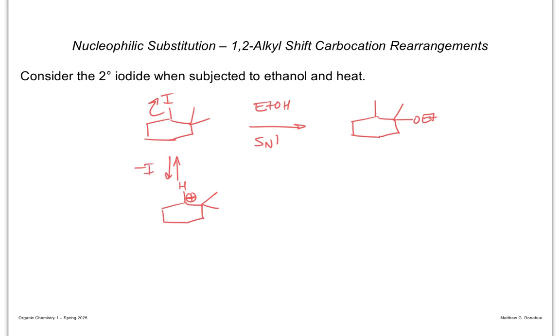So minus H minus. And then what is the class of that carbocation? I've designated it the alpha carbon. We count the number of carbons bonded to it, 1 and 2, so that's a secondary carbocation.